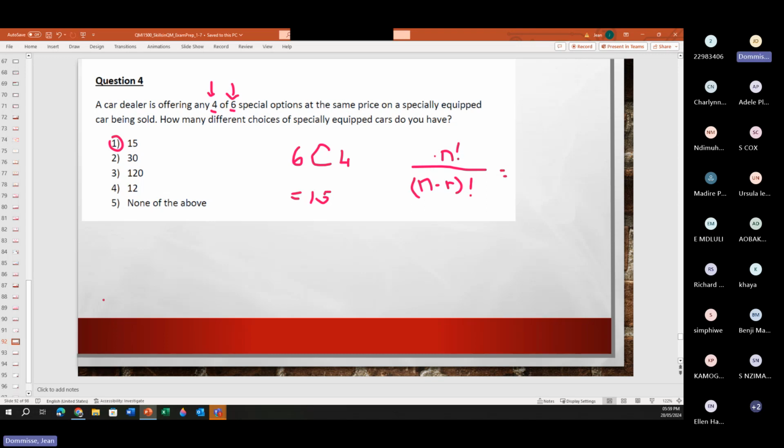We know n is 6, so 6 factorial is 6 times 5 times 4 times 3 times 2 times 1, over 6 minus 4.